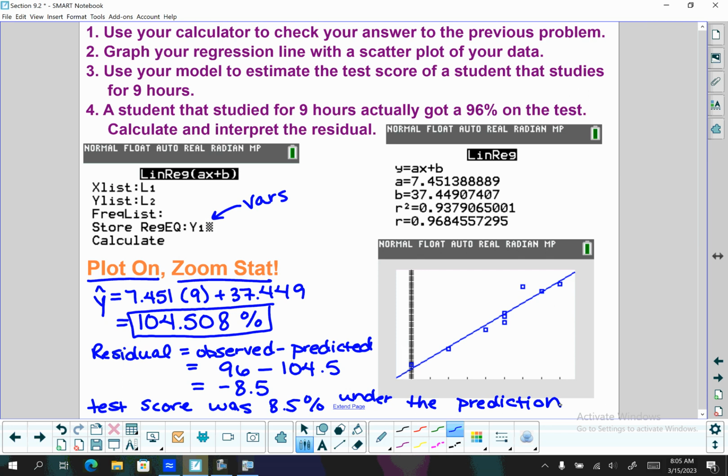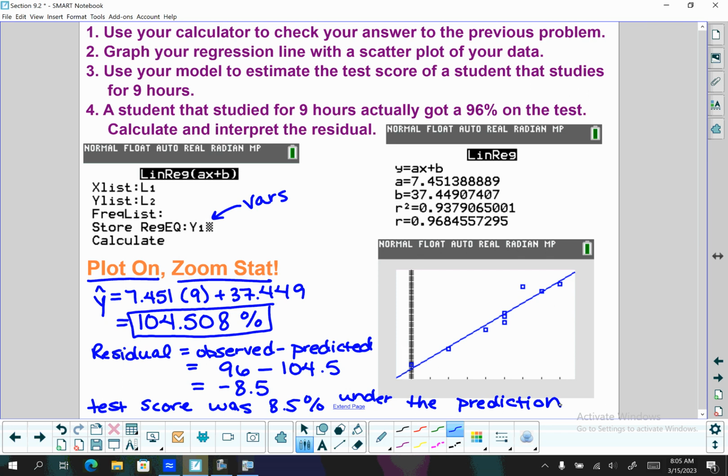Okay. So if you want the equation in there, we're going to start getting into the equation again. Or we're going to go to this. Store. No, don't hit enter. You need that menu 4. Go down where it says store regression equation.